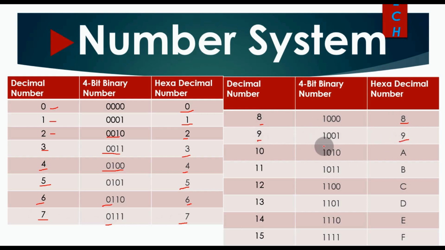For 9 it is 1001, it is 9. So you can see the hexadecimal number system is the same as the decimal number system from 0 to 9.